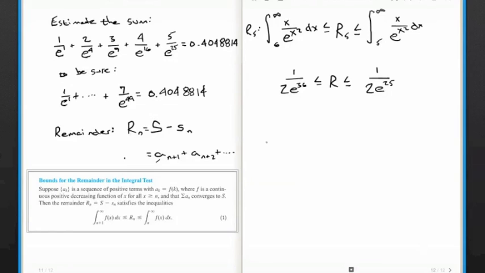Okay? And to put a sense of scale on this, this becomes 1.16 times 10 to the negative 16th. We're looking at a pretty small number there. My remainder is going to be between there and 6.94 times 10 to the negative 12th.